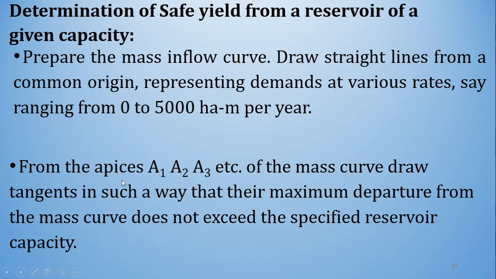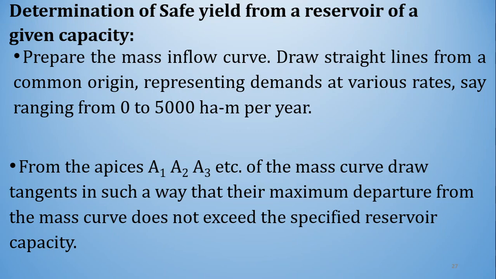Then from the apices A1, A2, A3, etc. of the mass curve, draw the tangents in such a way that their maximum departure from the mass curve does not exceed the specified reservoir capacity.